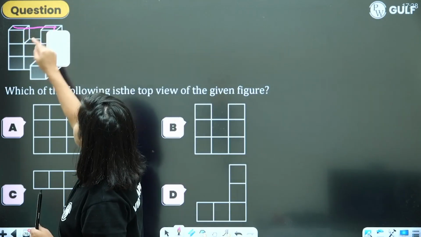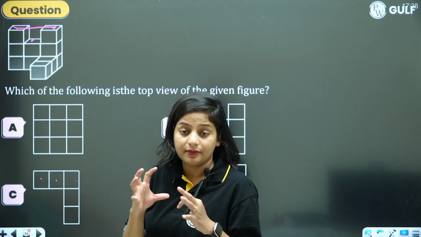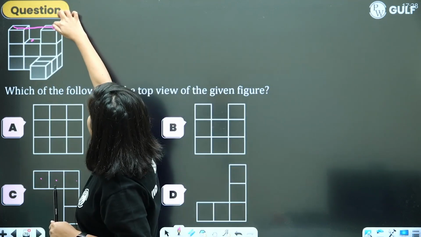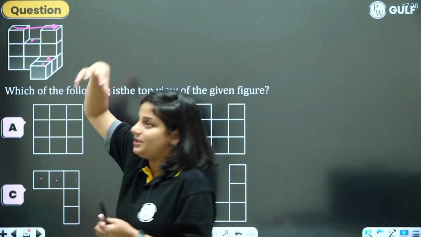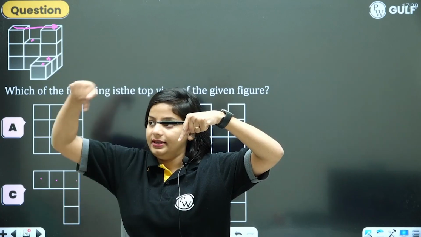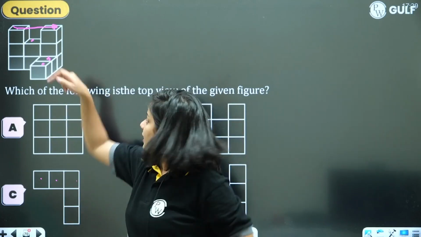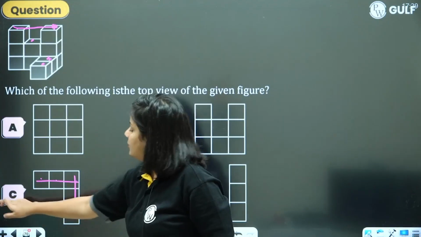Meaning, I'll see these 3 cubes, and then this 1, 2, and 3. This line won't be seen from the top, right? 1 in between, and then top 3, and similarly these 2. So 1, 2, 3 in a line, and 1. Option C is correct.